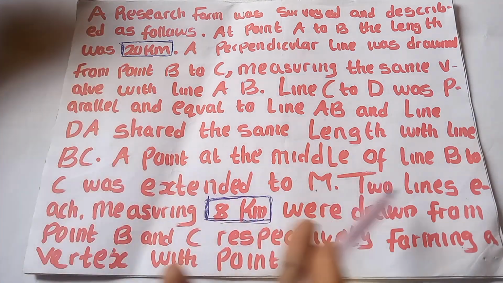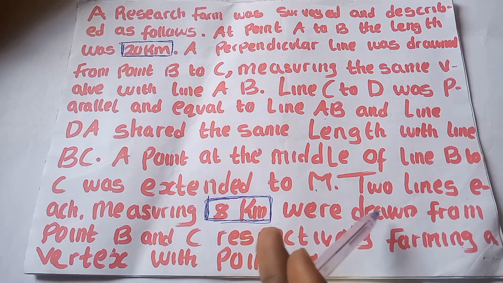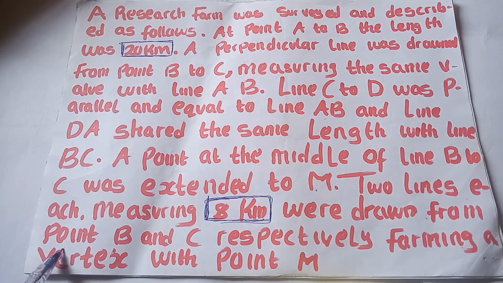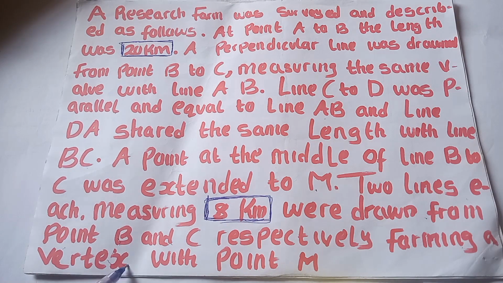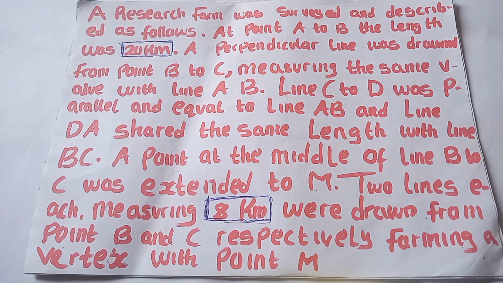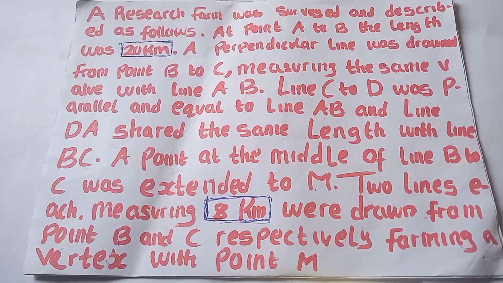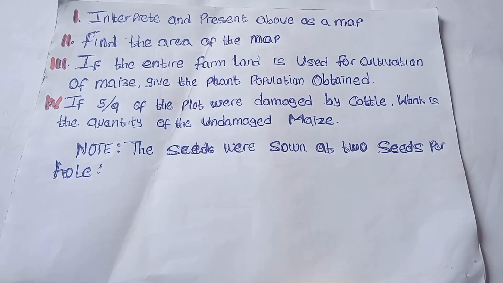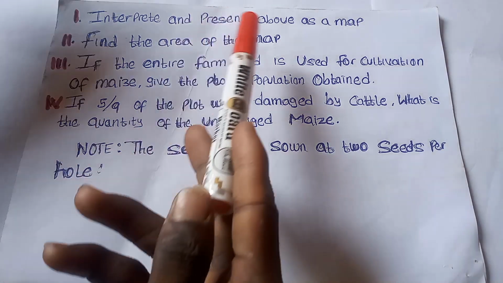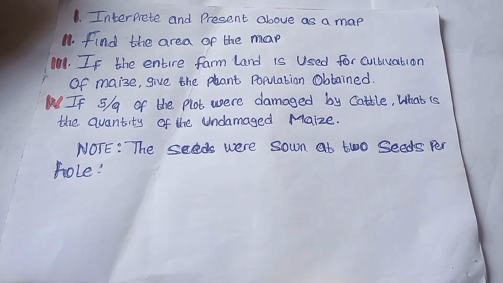Let's continue. Two lines each measuring 8 kilometers were drawn from points B and C respectively, forming a vertex with point M. Now, that's not where the question ends. The question says we should interpret and present the above as a map, that is, all the things that they gave us there.